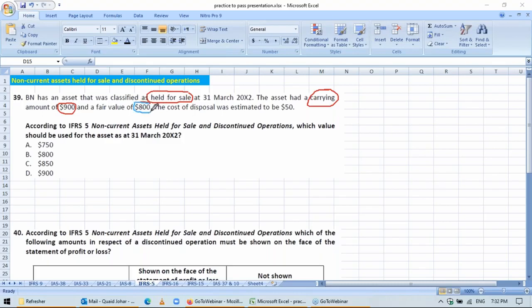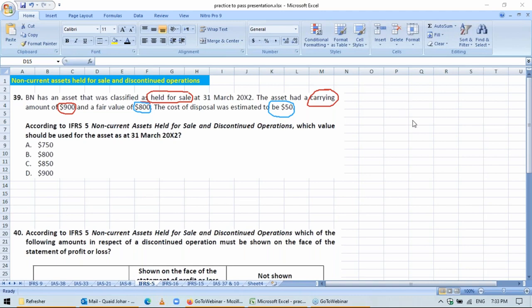So fair value is 800, and if you sell it, you have to incur some cost of disposal, like you have to pay a commission to the agent to facilitate you in selling the asset. So you will receive 800 by selling it, but you also have to pay $50 commission. So 750 will be the net receipts.